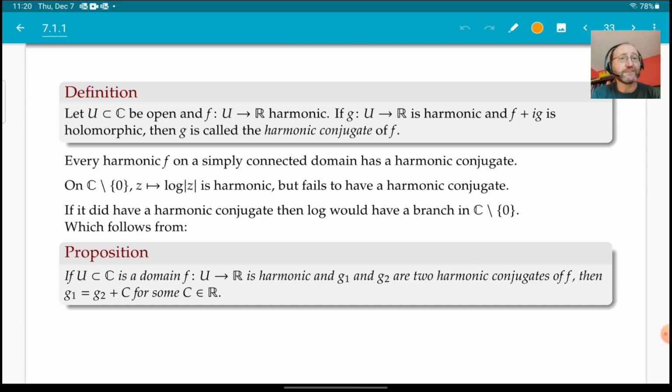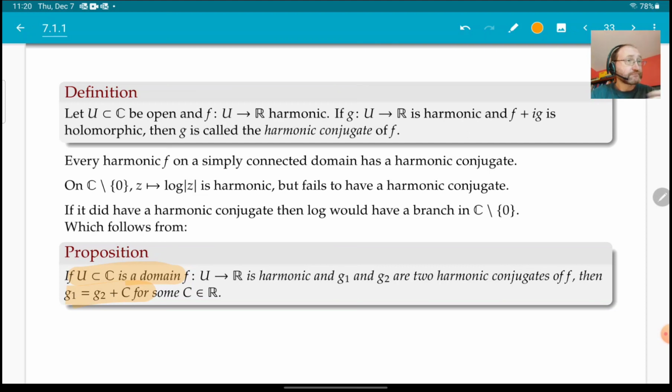If we have two harmonic conjugates for f, and they're not unique, we can have two different harmonic conjugates, but they differ by a constant, right? Well, suppose that we're on a domain. If it's disconnected, they might differ by a different constant on different components. So let's just suppose that we're on a connected open U, right?